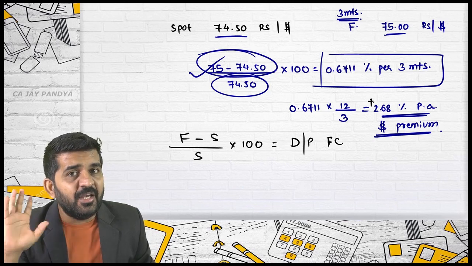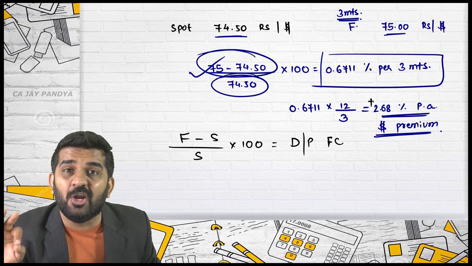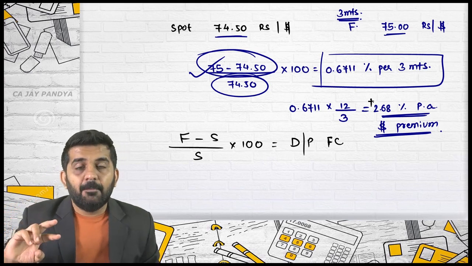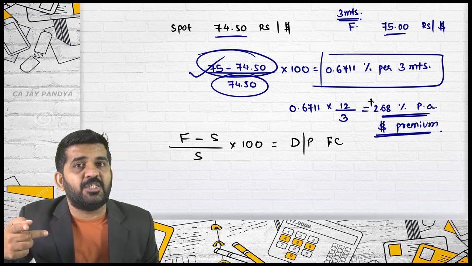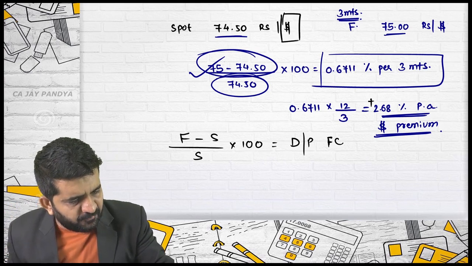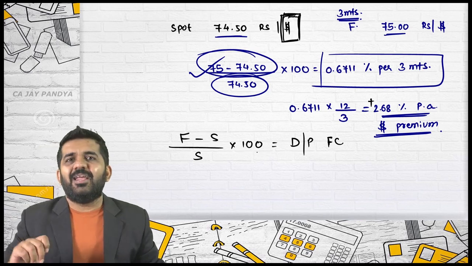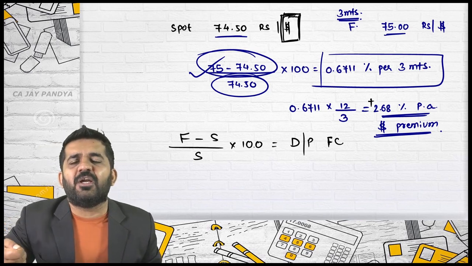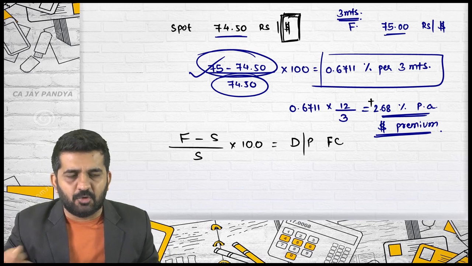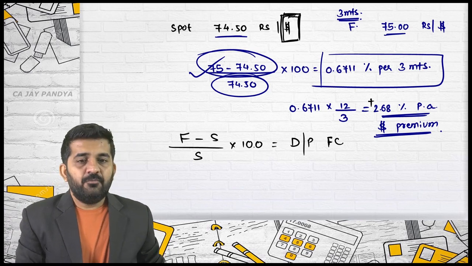In India, if the quote is direct and premium and discount is asked on dollars, you can easily do it. But if it is of rupees, you will have to reciprocate it. The premium or discount you are finding out will be on the right hand side. The rate should be of dollar, then only you can find out premium or discount on dollar. Next, we are going to swap points.